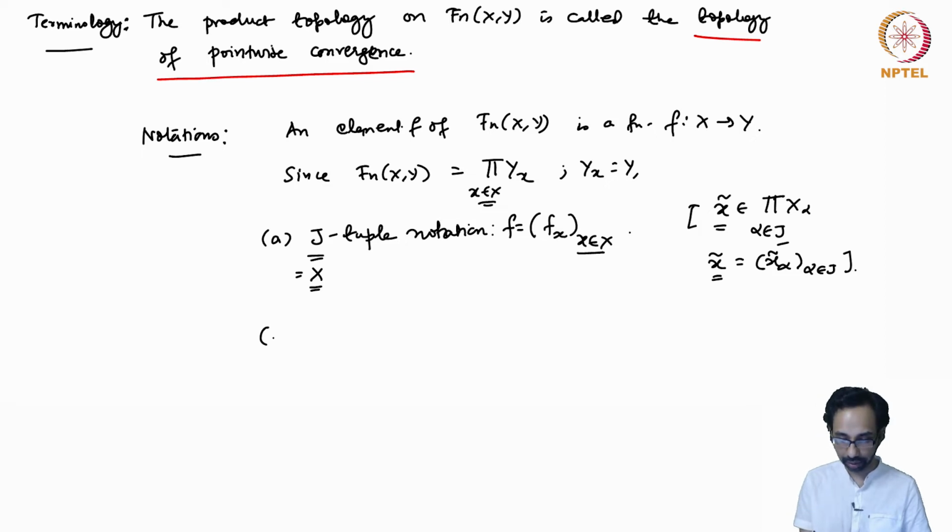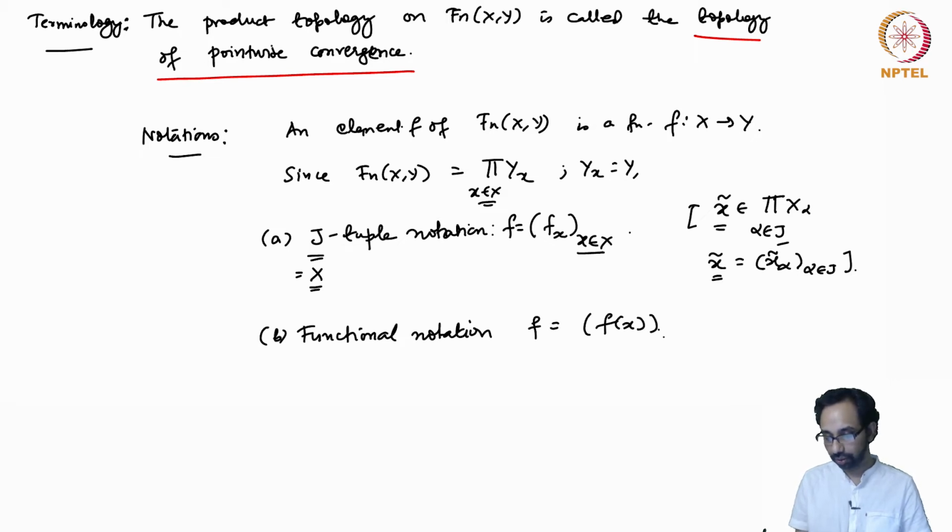So we also have the functional notation. So in this notation, f is written as f(x). So this is the usual way to write a function, where the argument of the function is contained within parentheses.